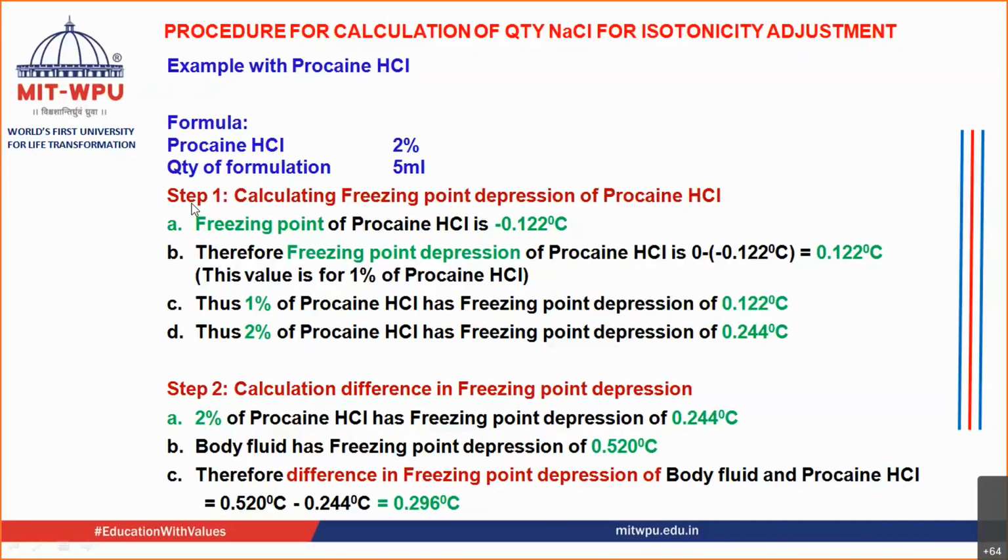Now in step 1, you are going to calculate the freezing point depression of procaine hydrochloride. First, you calculate the freezing point depression of the procaine drug. Then you are going to calculate the difference between the freezing point depression of procaine hydrochloride and your blood solution, the body fluid.